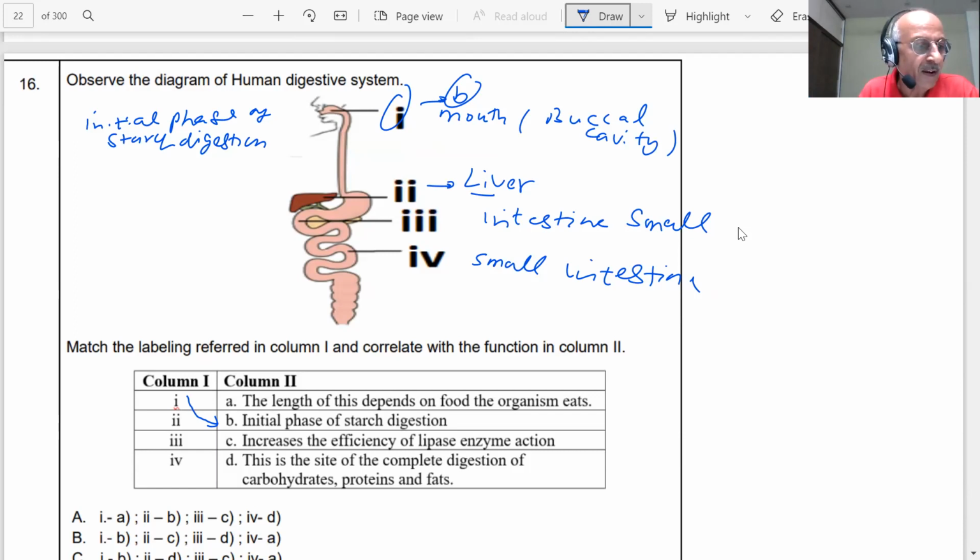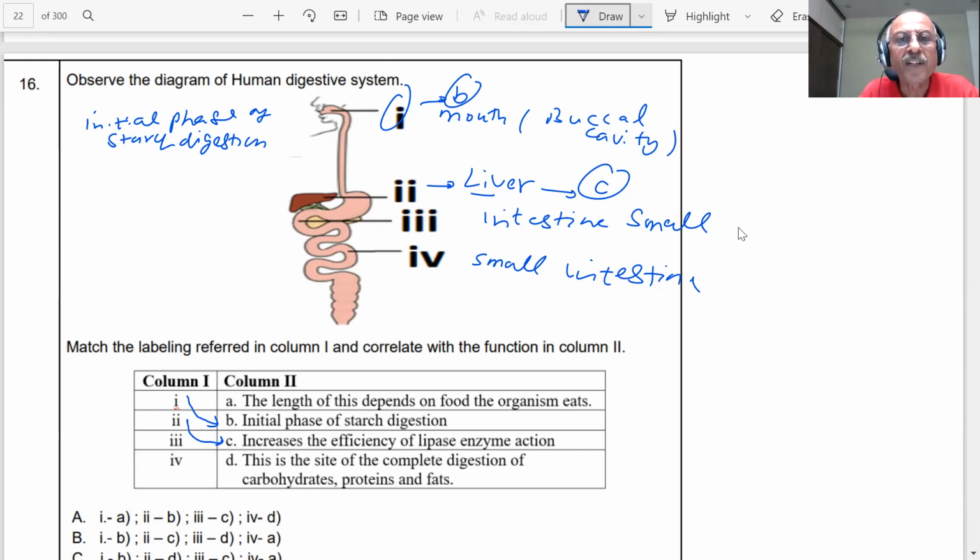So 2 will go with C, student. As you can see, one goes with B, the choice which is correct. 2 is going with C, liver, which increases the efficiency of lipase enzyme action.